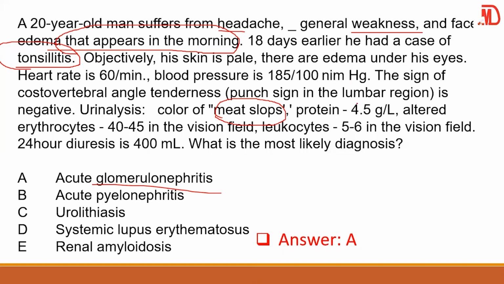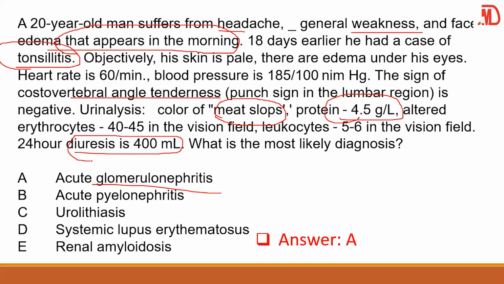So every other thing here is just confirming that. Edema formation, costovertebral angle tenderness is negative, mid-slopes protein. And don't also forget the difference between nephrotic syndrome and nephritic syndrome. Look at that. Diuresis is 400. This is very low. So this is oliguria. All right, that's just by the way.